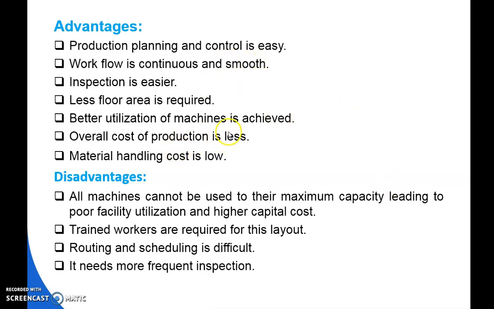Better utilization of machineries means we consider the number of machineries in each machinery center, hence we have better utilization of machineries. The delay or the in-process inventory is also less in our combination layout.